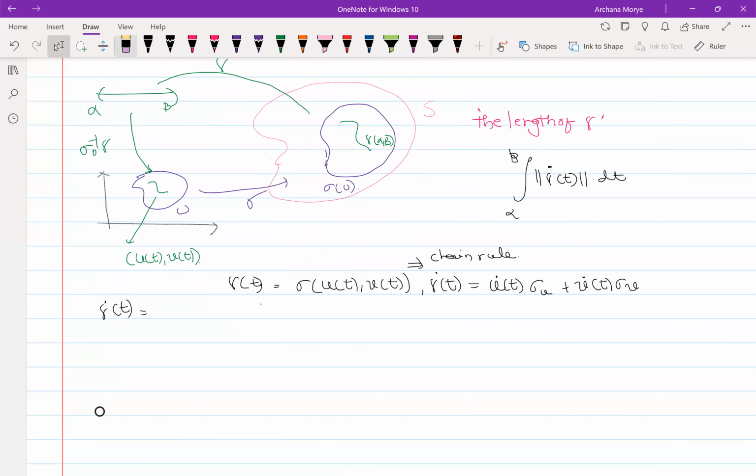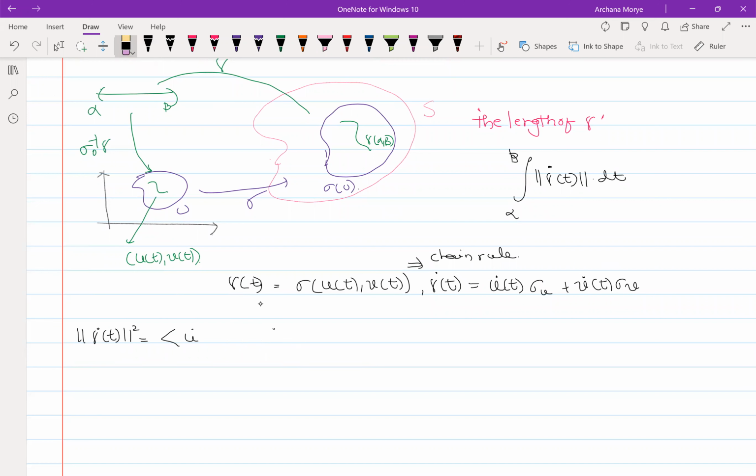Right. So now what can you calculate? The norm of gamma dot of t. Let us calculate the square. So this will be u dot times sigma u plus v dot times sigma v. I'll just drop the notation t.